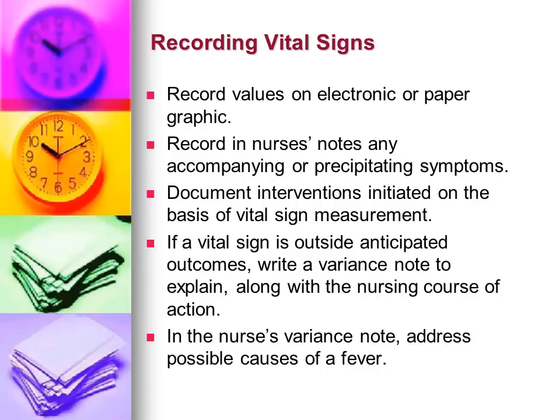And in addition to the actual vital sign values, record in the nurse's notes any accompanying or precipitating symptoms such as chest pain and dizziness with abnormal blood pressure, shortness of breath with abnormal respirations, cyanosis with hypoxemia, or flushing and diaphoresis with elevated temperatures. Patients being managed on critical paths or care maps often have vital signs listed as outcomes.